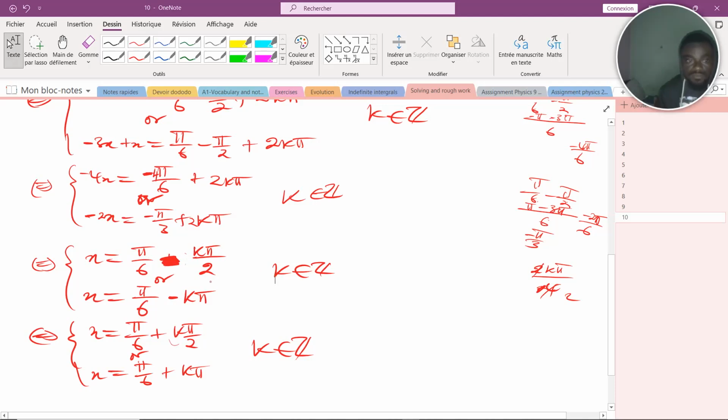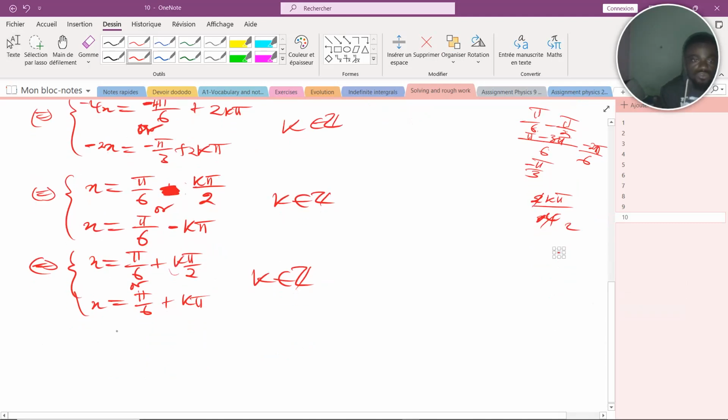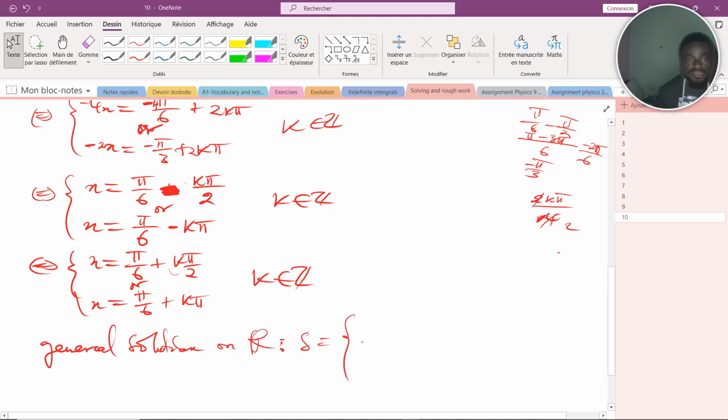Is that okay? The condition only applies when that minus is in front of k, since k belongs to the set of integers. So we have already our general solutions. So the general solutions on R of our equation S is equals to what?